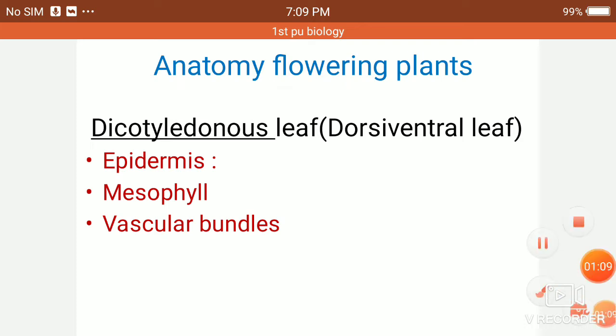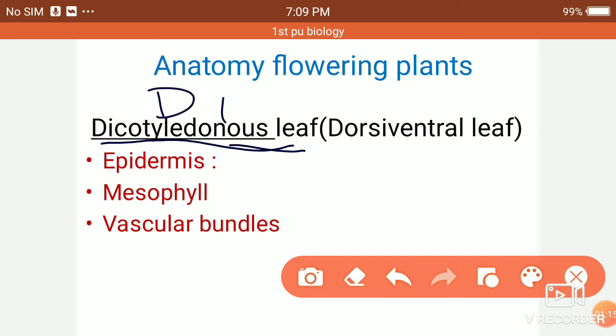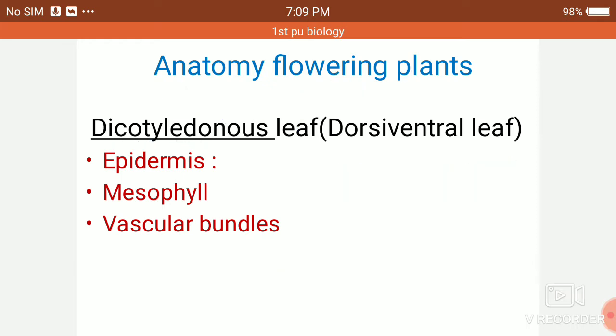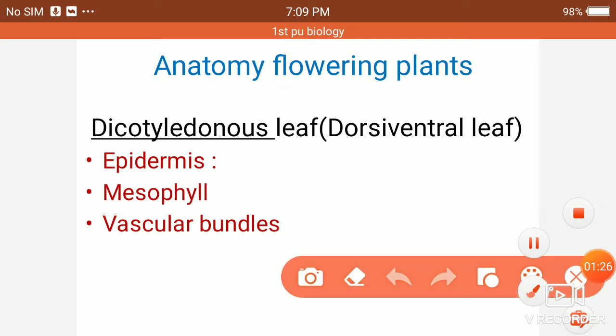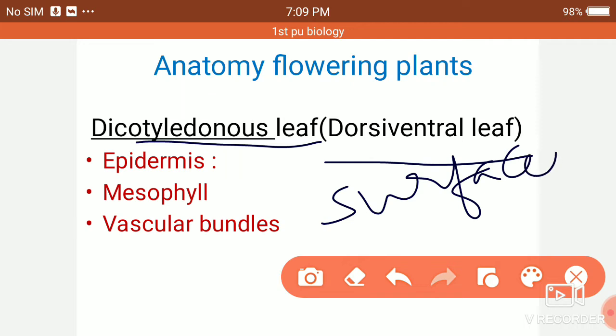The dicotyledonous leaf, in short form called the dicot leaf, is also called the dorsiventral leaf. The dicot leaf has two surfaces.